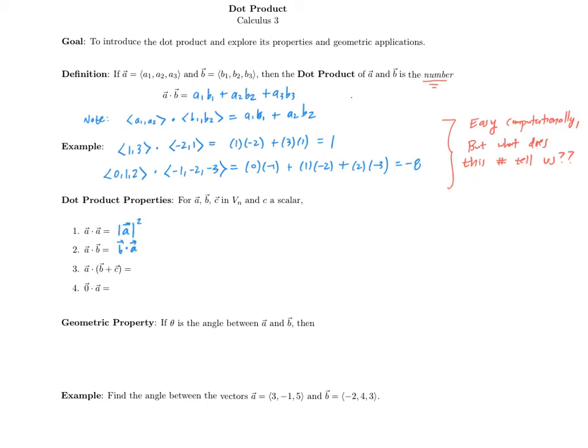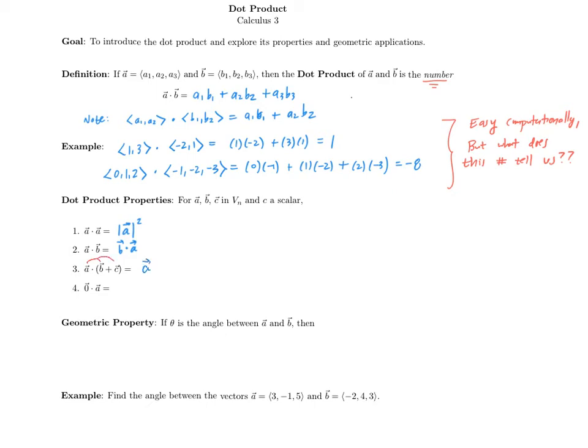As a side note, we can prove, or maybe we'll say just explain why these properties are true simply by going back to how we have defined the dot product. If we think about the order we multiply or add, we see it doesn't matter. So A dotted with B is B dotted with A. Furthermore, we can distribute the dot product across vector addition.